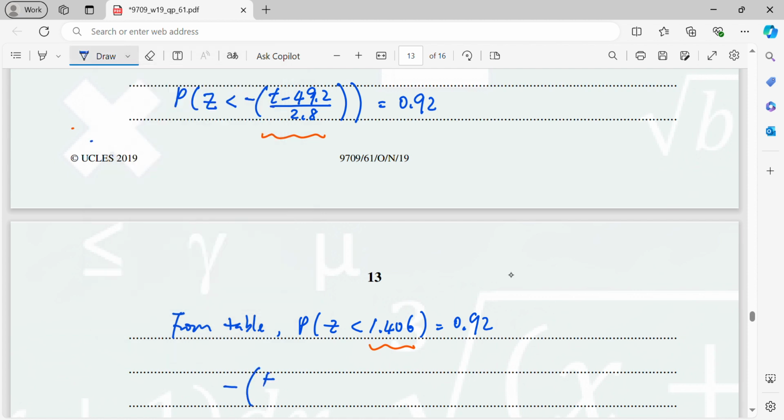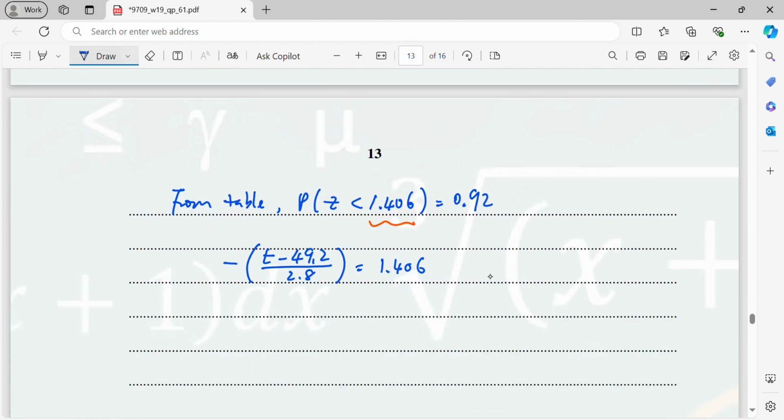So -(t - 49.2)/2.8 is 1.406. Then this negative can be combined with 2.8 and moved to the other side.